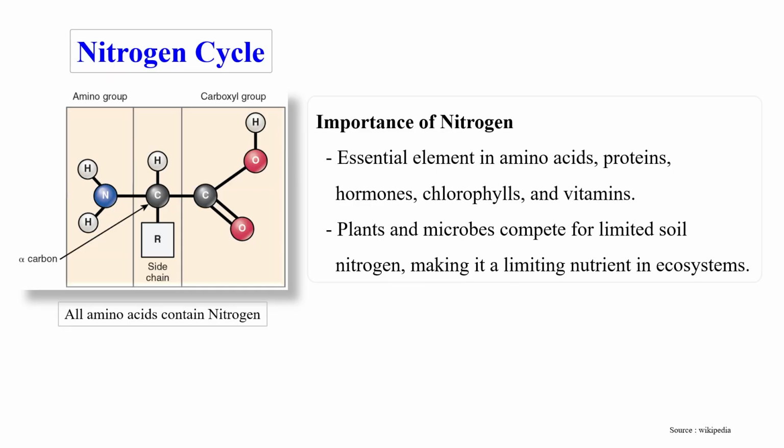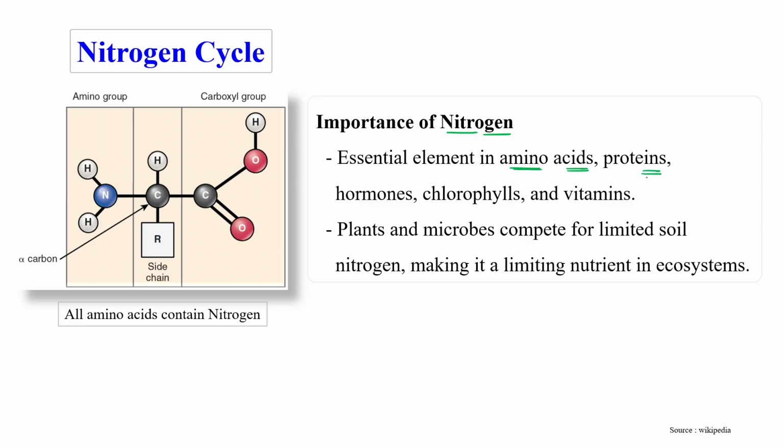Now let's discuss the nitrogen cycle. So first of all, we have to understand the importance of nitrogen. Why do we need to discuss this nitrogen cycle? Because nitrogen is essential. Why is nitrogen essential? Because nitrogen is present in various amino acids, means various kinds of proteins.